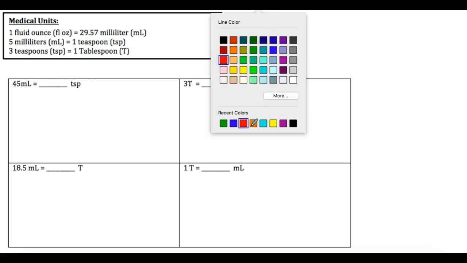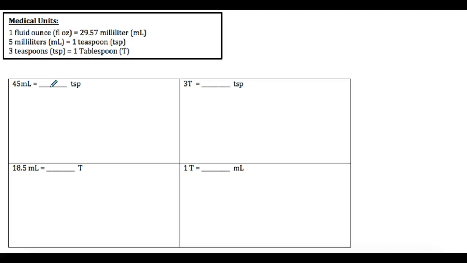So 45 milliliters, I'm going to put milliliters on the bottom and teaspoons up top. 5 milliliters is 1 teaspoon, which means I'd have 45 over 5. My milliliters cancels. 45 divided by 5 is 9, so I have 9 teaspoons.